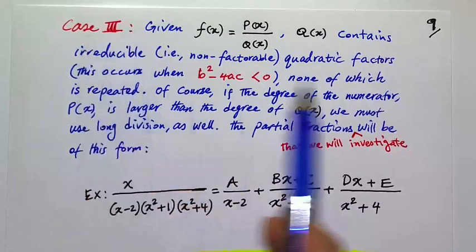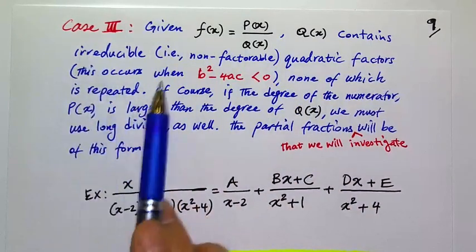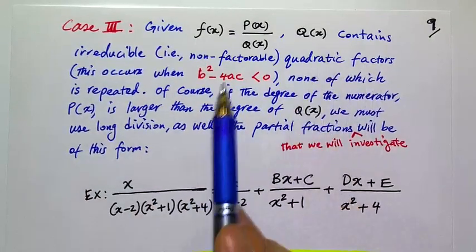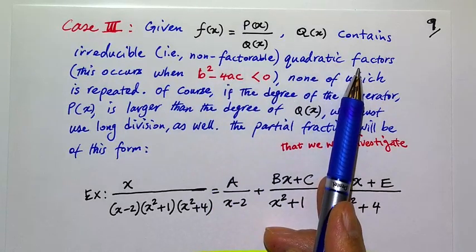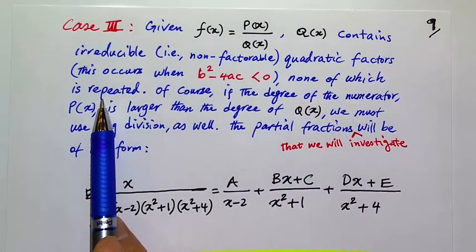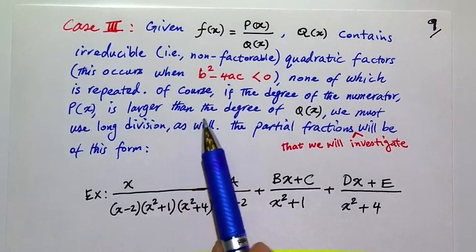All of these conditions define case 3. If the denominator is non-factorable and quadratic in form, and none of the factors are repeated, so they don't have a power 2, power 3, and so on.